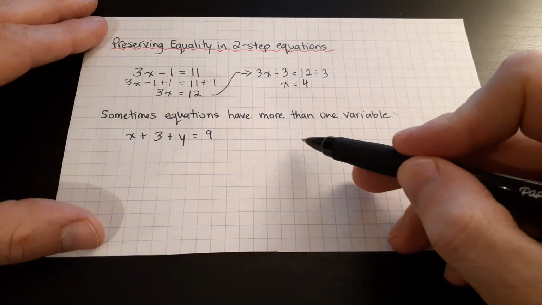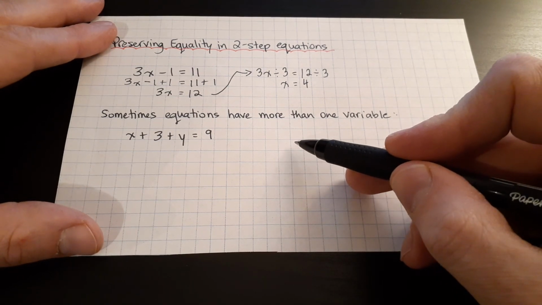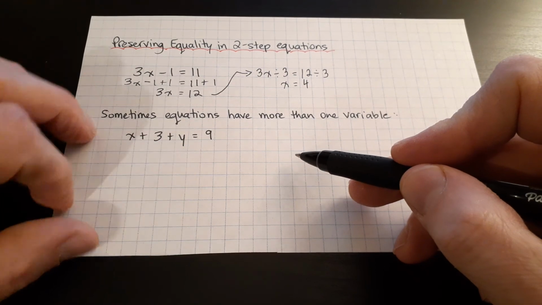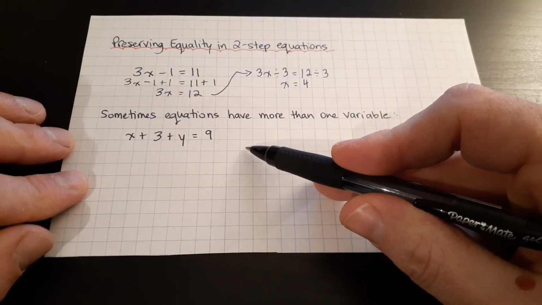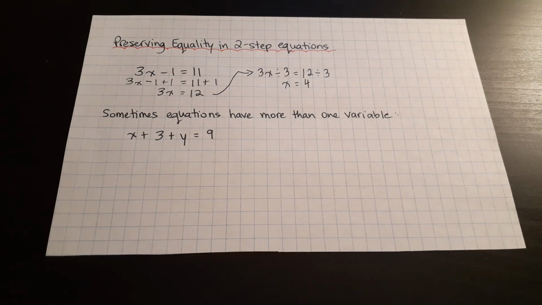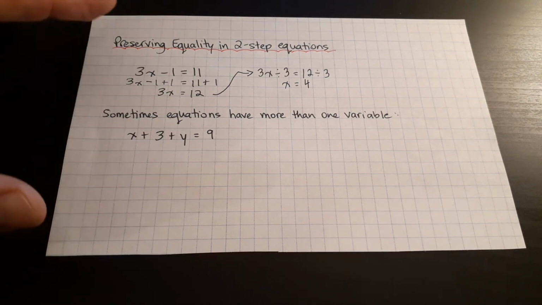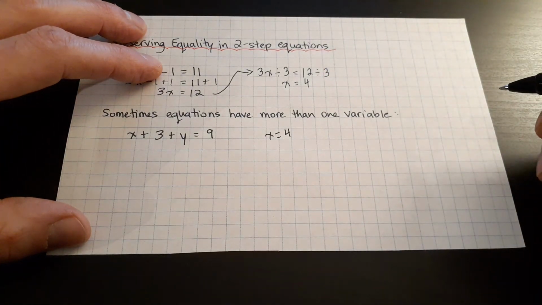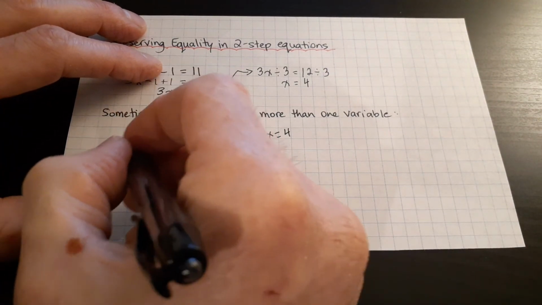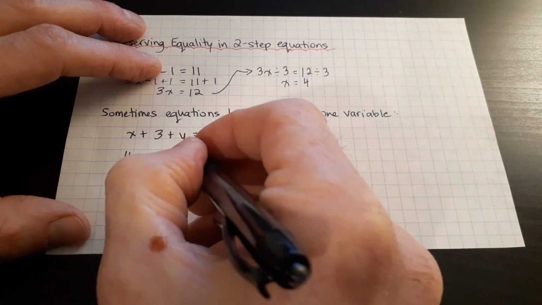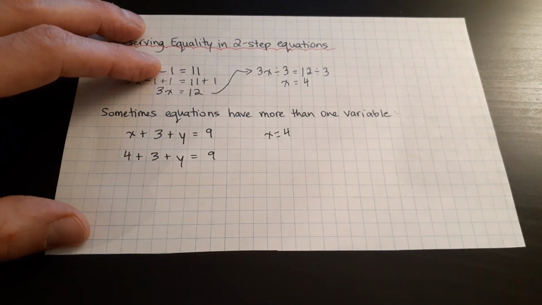The last thing is that sometimes we have equations with more than one variable. I have an equation here: x plus 3 plus y equals 9. At this point it's unsolvable, because x and y can be many different numbers. If, for example, you're given that x is equal to 4, then we can do that substitution: 4 plus 3 plus y equals 9.